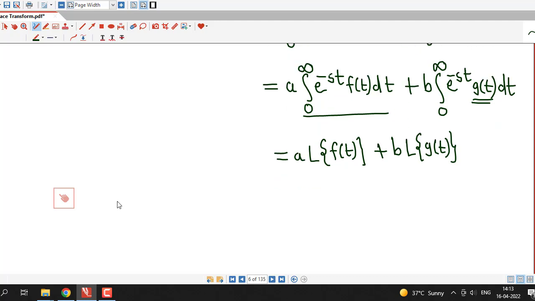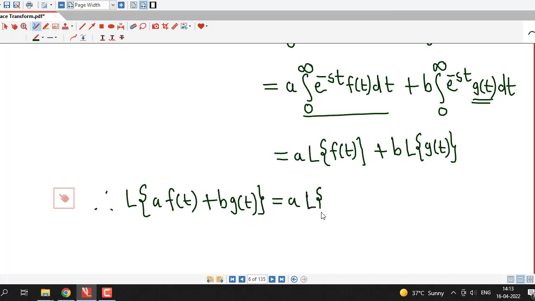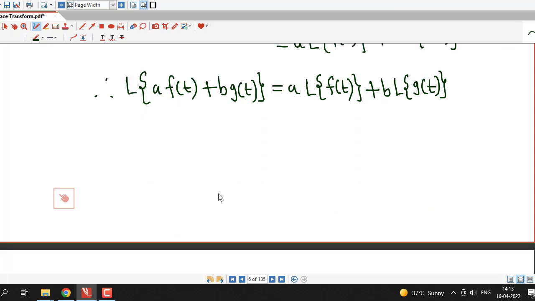So therefore we have proved that the Laplace transform of a into f of t plus b into g of t is equal to a times the Laplace transform of f of t plus b times the Laplace transform of g of t, where a and b are any constants.